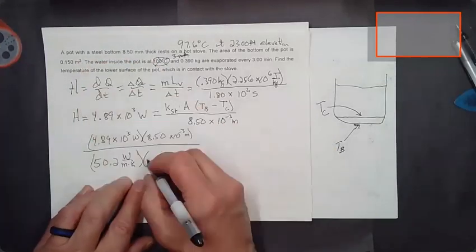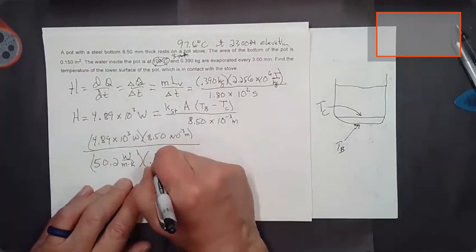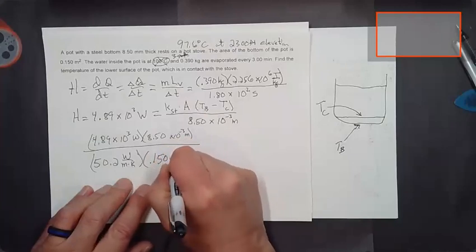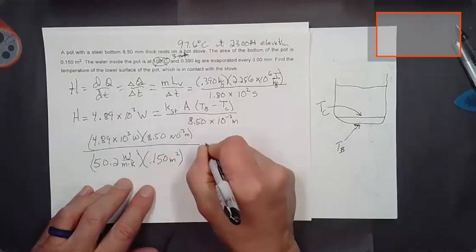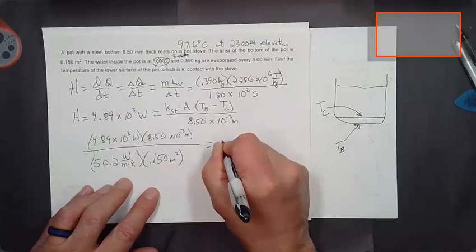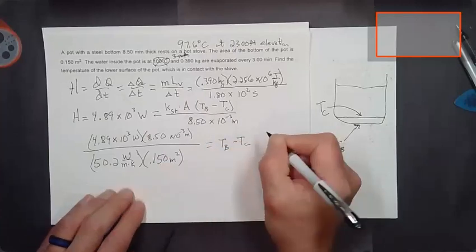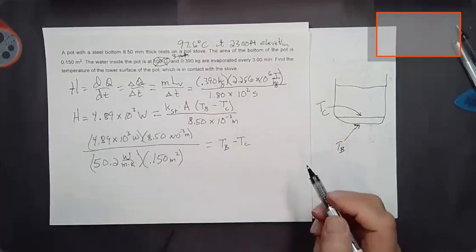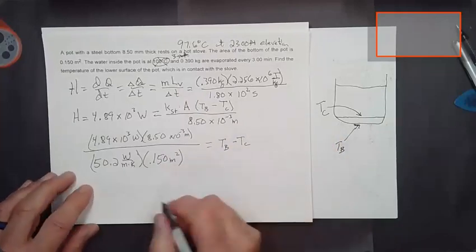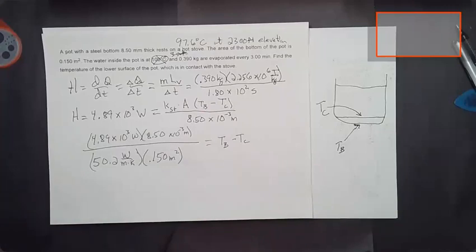Nope, I forgot. There it is, 0.150 meters squared. I was thinking a step ahead, and I shouldn't do that. I should do one step at a time. So that'll equal T bottom minus TC. Just plug in the numbers and see what we get here.